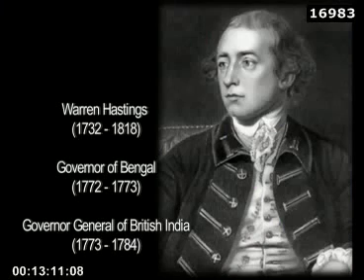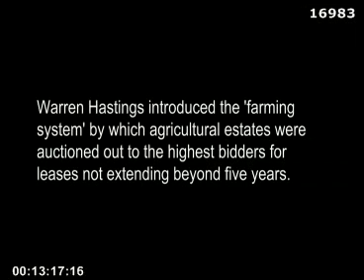You know that Warren Hastings, before him, in the earlier period introduced a farming system. By the farming system, landed estates were auctioned out to the highest bidders. That is, those people received land which ensured that they would give back the maximum amount of return to the colonial government.